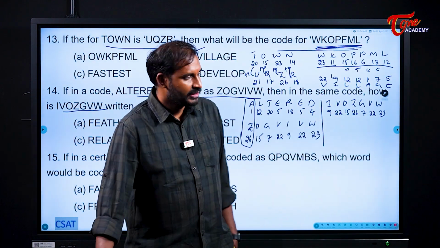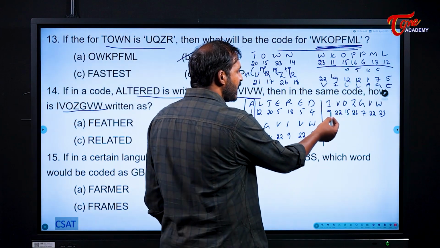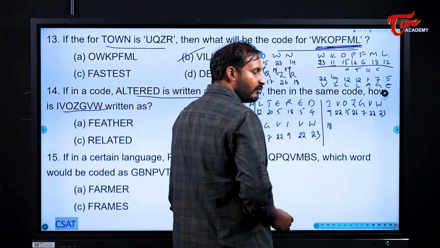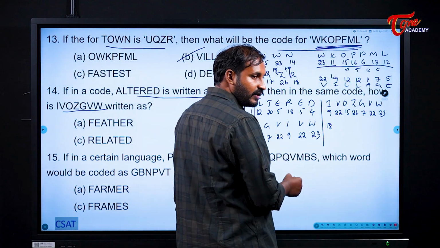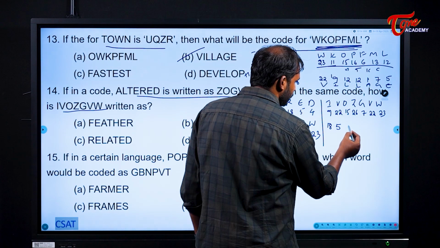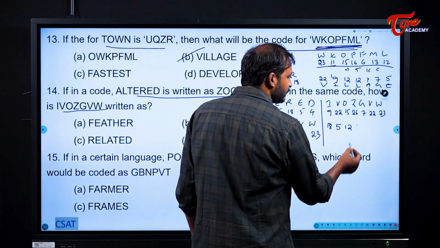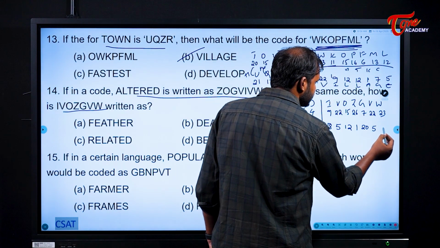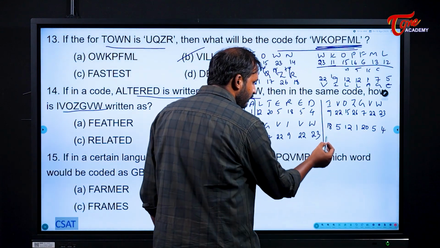Now what number should be added to 9 to get the sum as 27? I should add 18. What number should be added to 22 to become 27? 5. Right? Next 12. Next 1. Next 20. Next 5 and next 4. So if you add, what you will get?